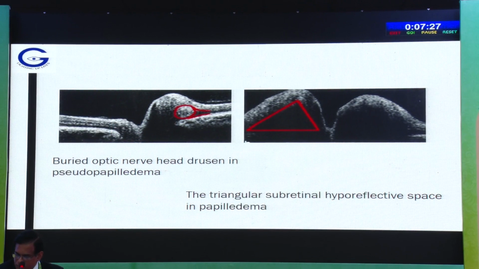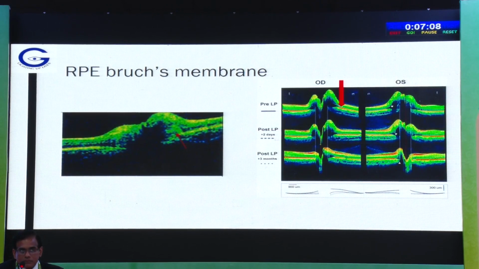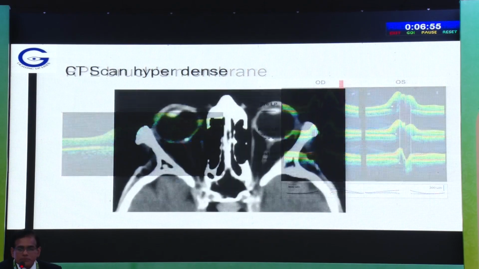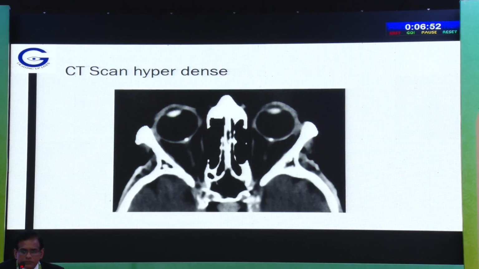In OCT, as shown here, there will be a hyper-reflective ovoid space, which is drusen, and here a hypo-reflective triangular space will be there, which is diagnostic of papilledema. And RPE-Bruch's membrane will be straight in case of drusen, as you can see from here, and in case of papilledema, it will be pushed towards the vitreous. Drusen can also be made out from CT scan, but usually we don't do that.